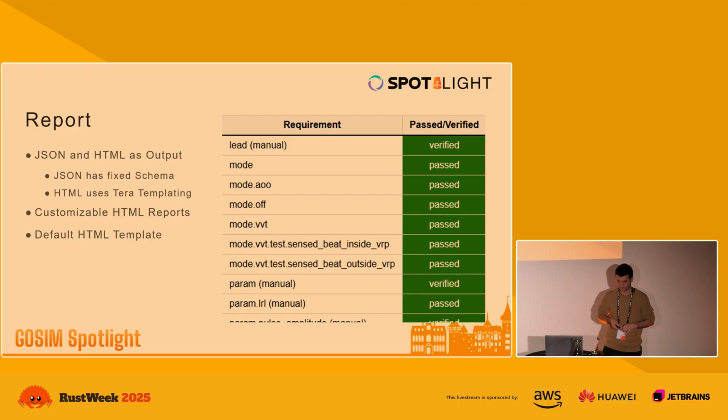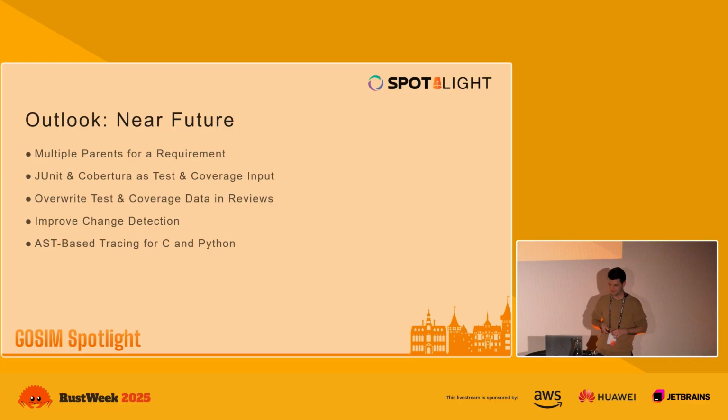For the reports, the JSON one has a fixed schema to help with interop with other tools. For HTML, I use the Tera templating engine, which makes it quite nice to generate custom HTML reports, but I also provide a default template if you don't want to create your own.